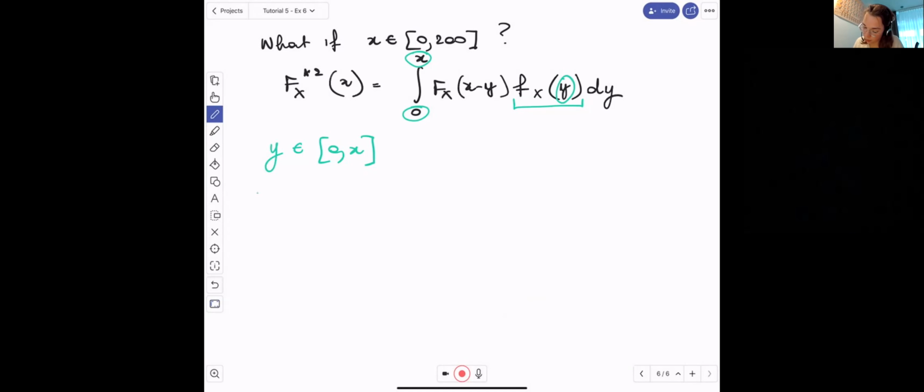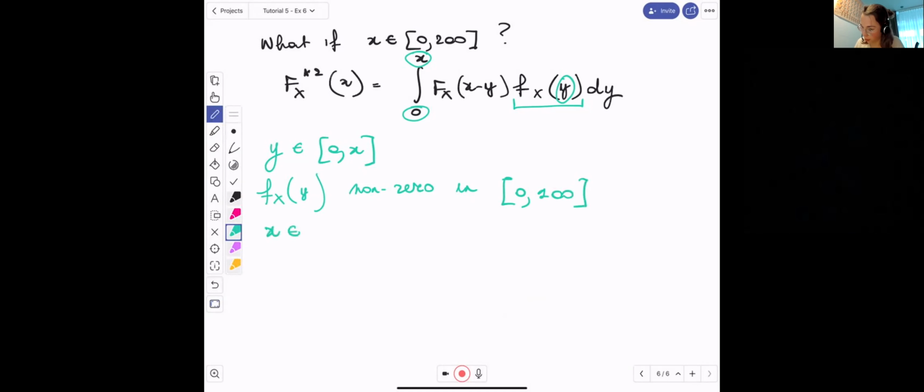And we know that our density function is the density function of a uniformly distributed random variable between 0 and 100. So it will only be non-zero in the interval 0 to 100. And x will be in the interval between 0 and 200, right?